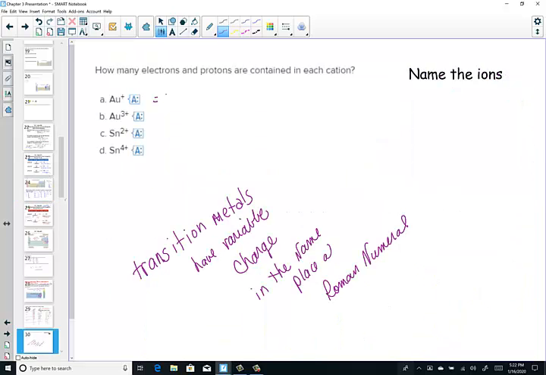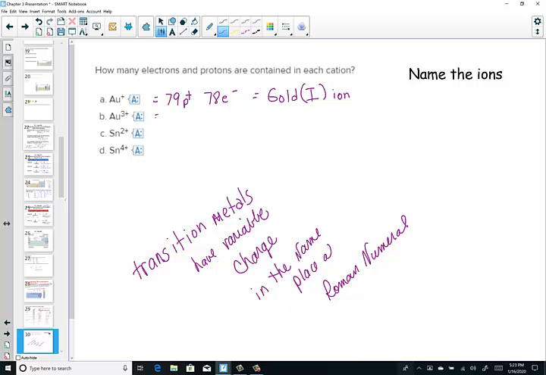All right, so number 79 says there's 79 protons. It lost an electron to result in a +1 charge. We will name this as gold, Roman numeral 1, place it in a parenthesis there, gold 1 ion, the charge that it carries represented by the Roman numeral.